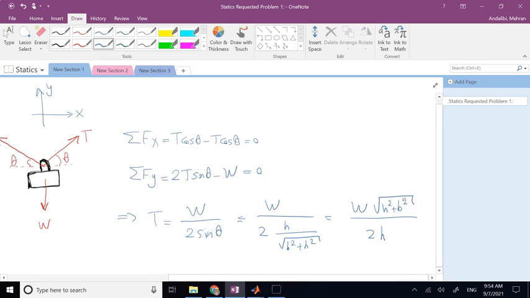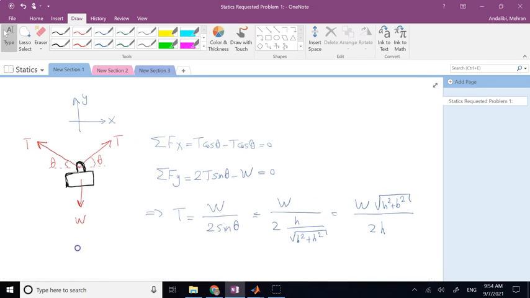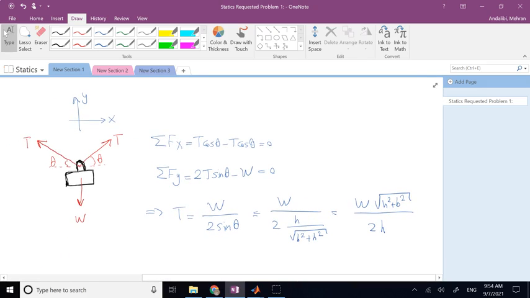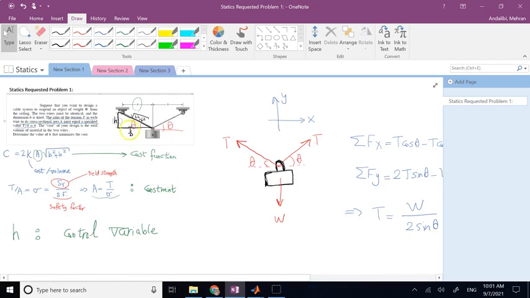So now the question is this. With this kind of function that I have, what's going to happen to t when I change h? When I make h bigger and bigger, what's going to happen? Well, here your w is constant, okay? So the only thing that is variable is the sine of theta, which is this term. And when h increases, the sine of theta would increase because h is in front of theta, not adjacent to it.